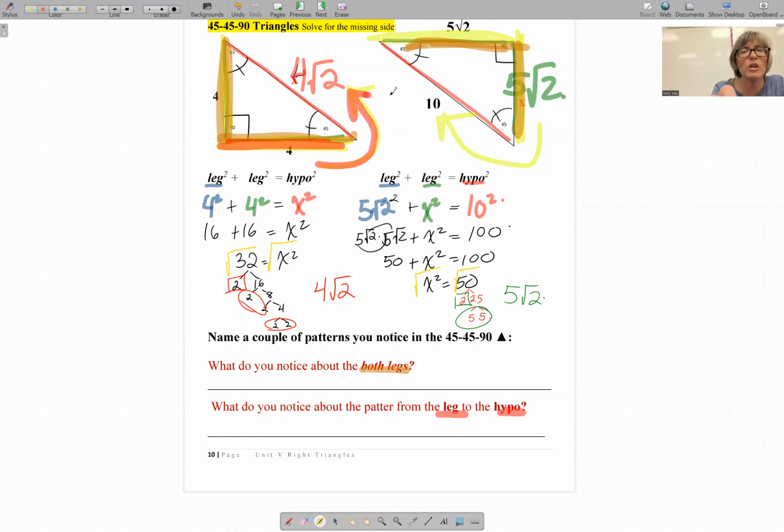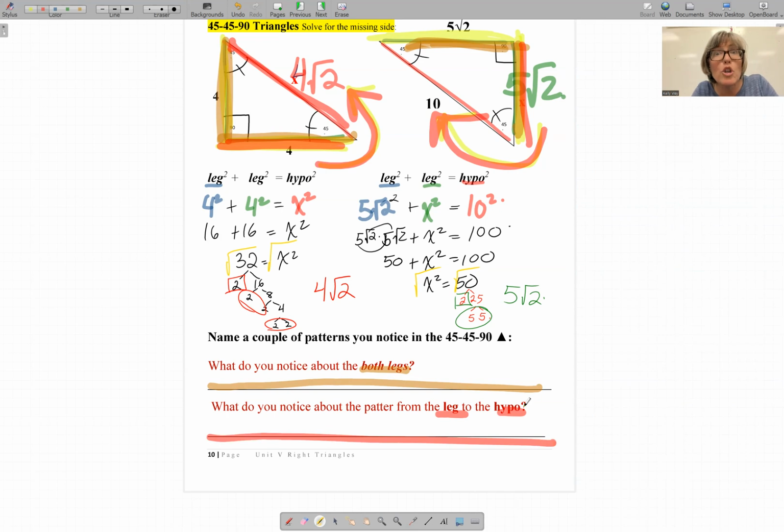And this pattern is only good for 45, 45, 90 triangles. The leg is 4, the hypo is 4 root 2. The leg is 5 root 2, and the hypo is 10. There's a pattern there. I'd like you to write down your observation. Pause the video and write down your observation.